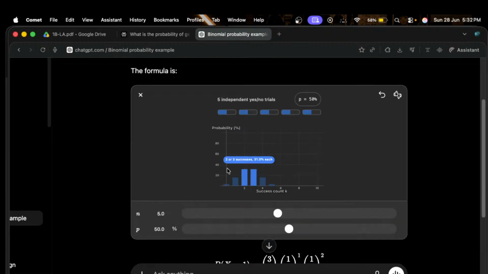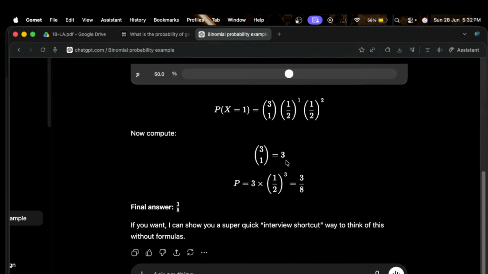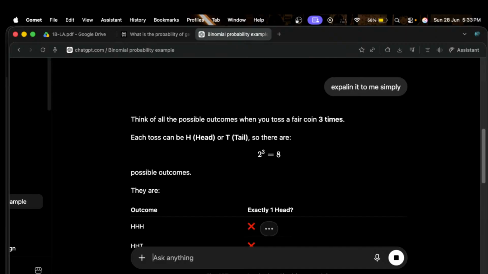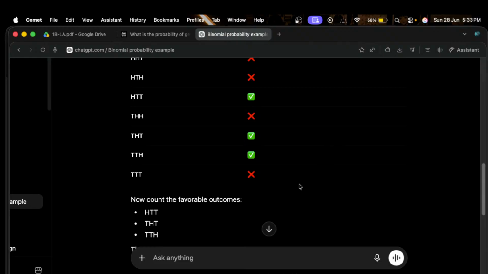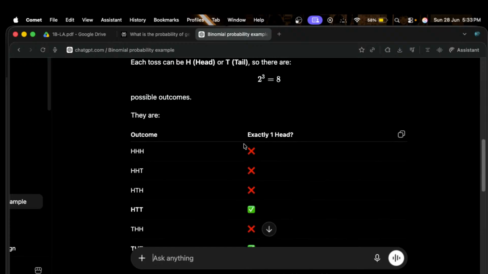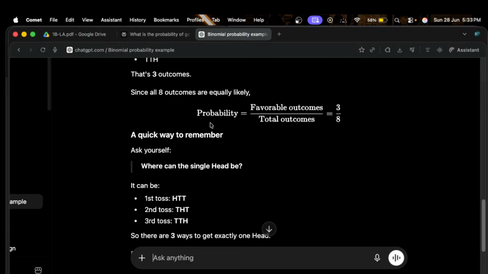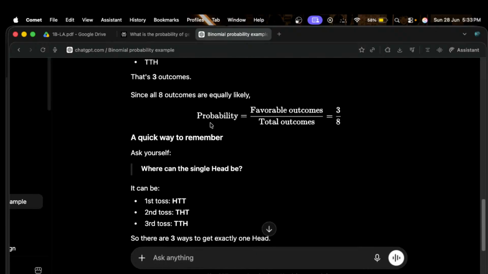For exactly one head, the formula is for independent yes and no trials. Okay, it wasn't that complex, but yeah.